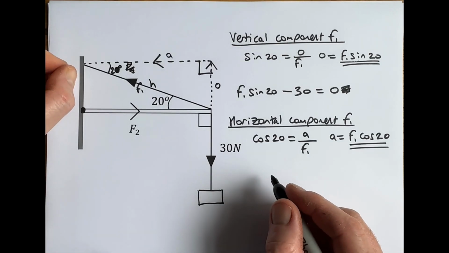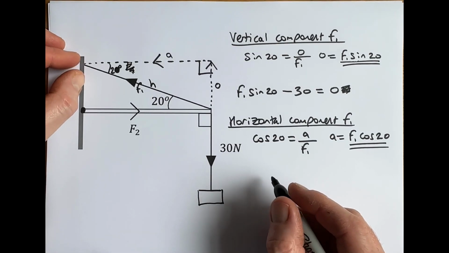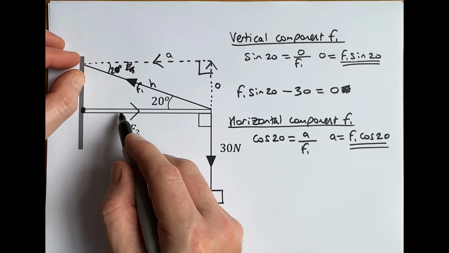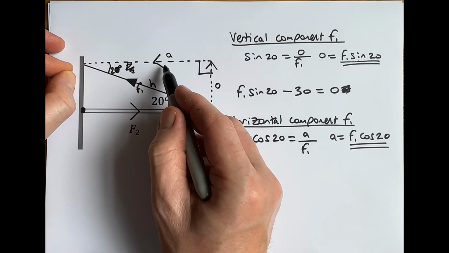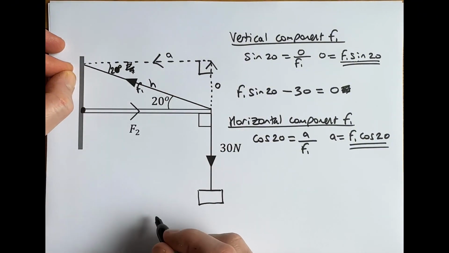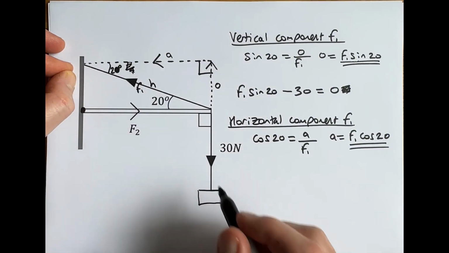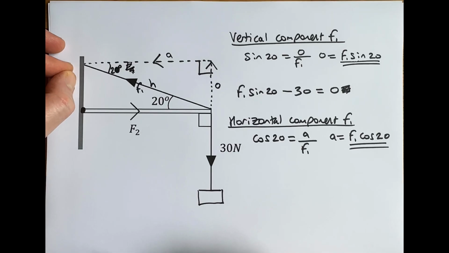Now the next step is, we know that horizontally, this force F2 is acting to the right, the horizontal component of F1 is acting to the left, and we know that they must be equal and opposite. They must cancel out. They must add up to 0, basically, okay?